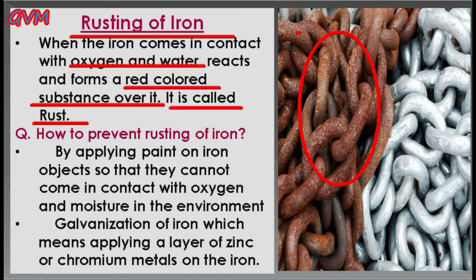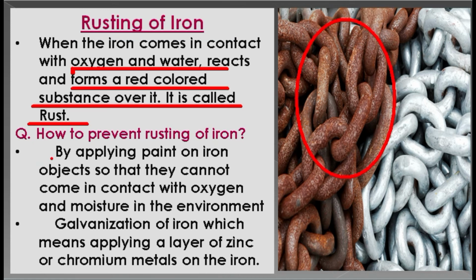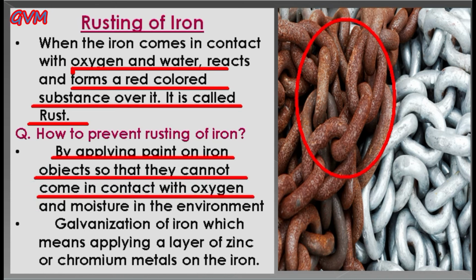So students, it is very important to prevent iron from getting rusted. There are basically two methods by which we can prevent it. The first one is applying paint on iron objects so that they cannot come in contact with oxygen and moisture in the environment.